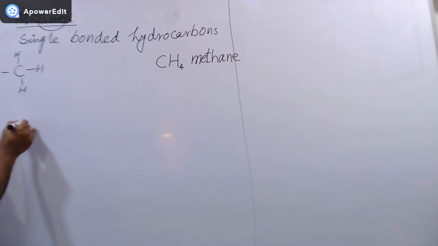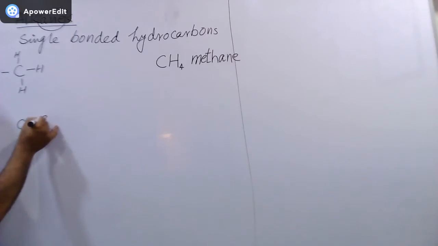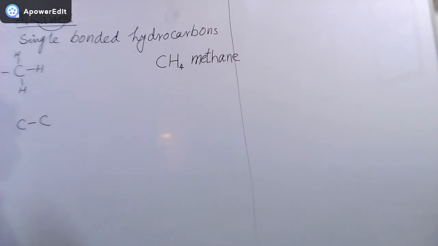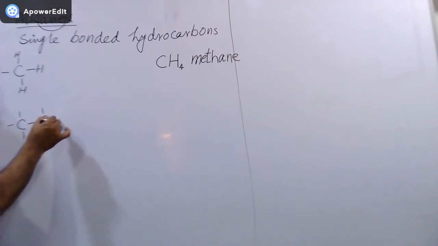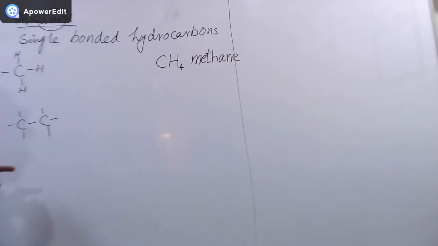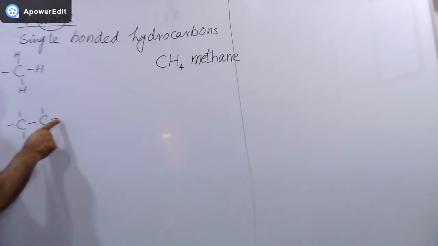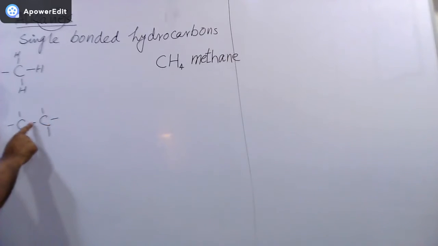If we have 2 carbons connected with each other, each is surrounded by 4 dashes. Now see this one: 1, 2, 3, 4. 4 valencies satisfied for the first carbon. Second carbon: 1, 2, 3, 4. It means this middle one is counted for both of these carbons, right?